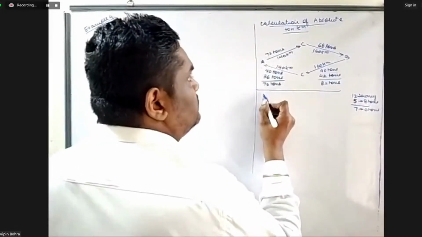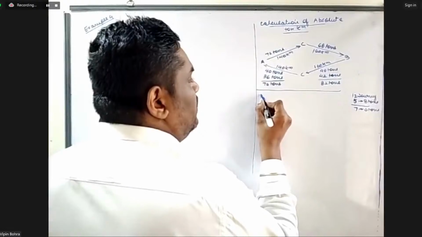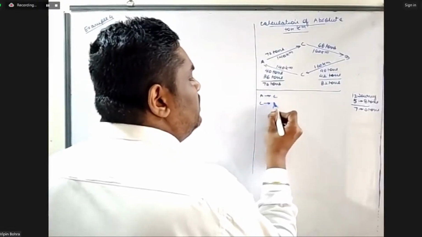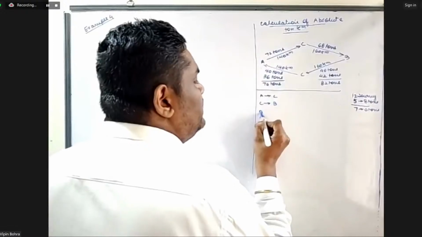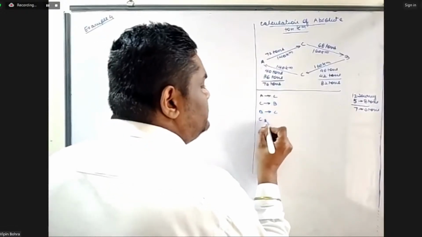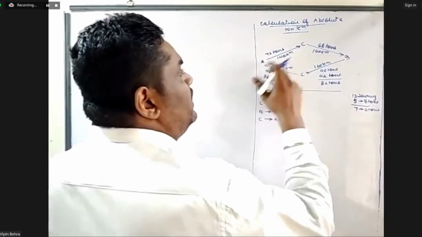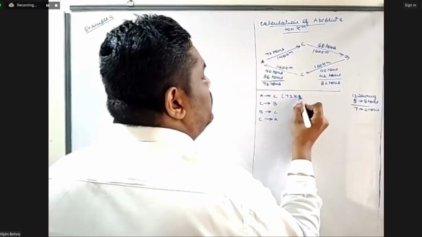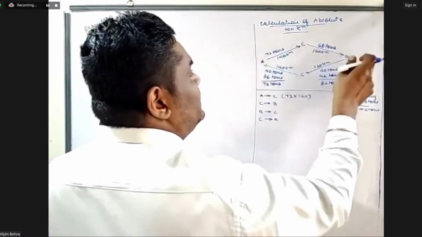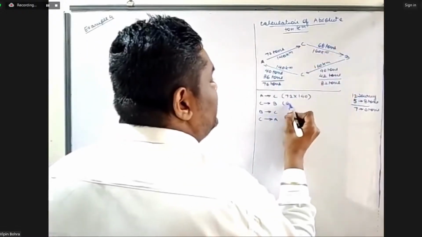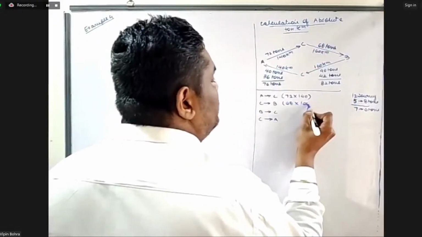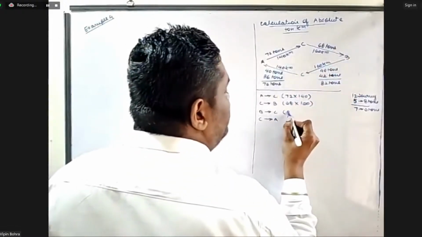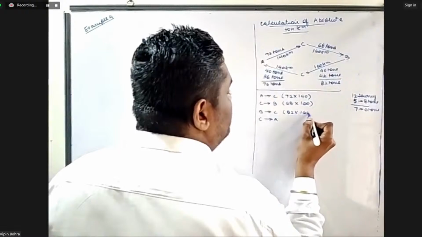So A to C, C to B, B to C, and C to A. A to C, 72 tons traveled 140 kilometers, so 72 into 140. From C to B, 68 tons traveled for 160 kilometers. From B to C, 82 tons traveled for 160 kilometers.